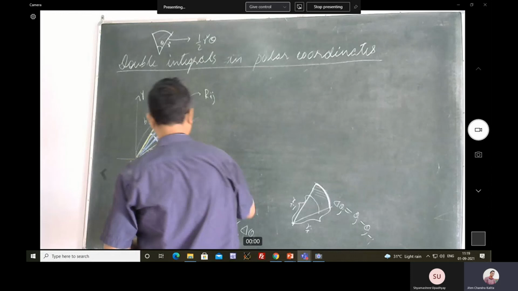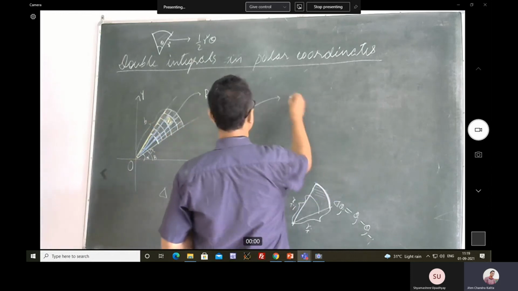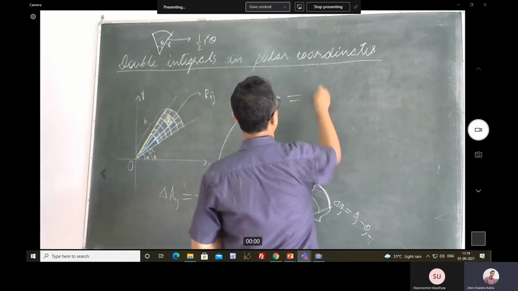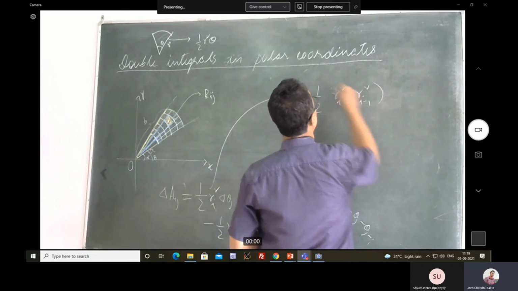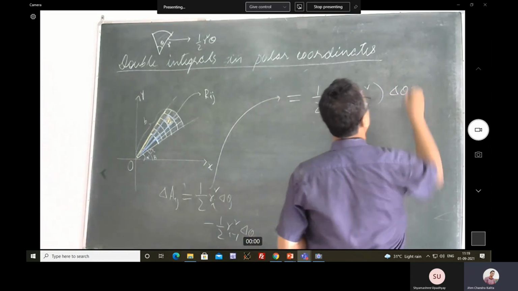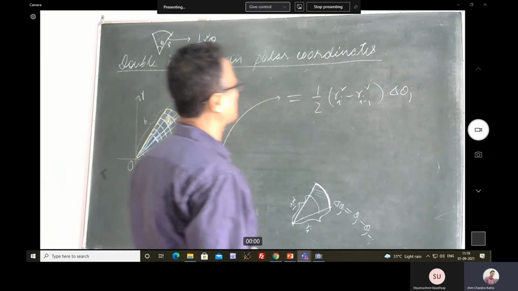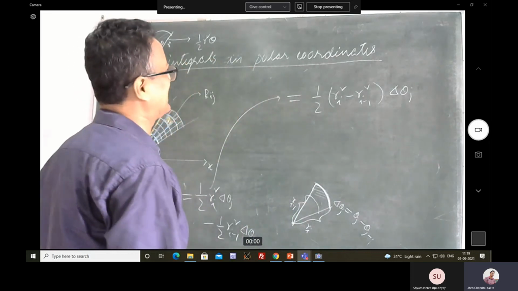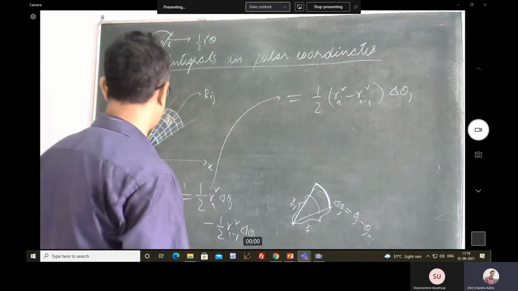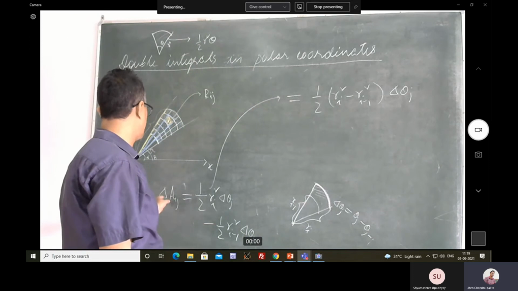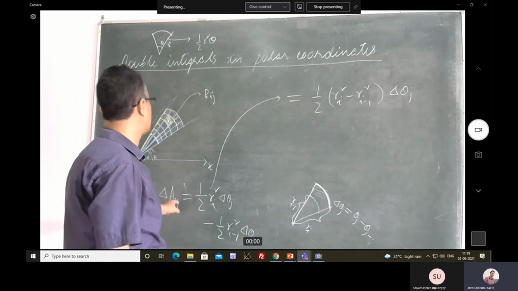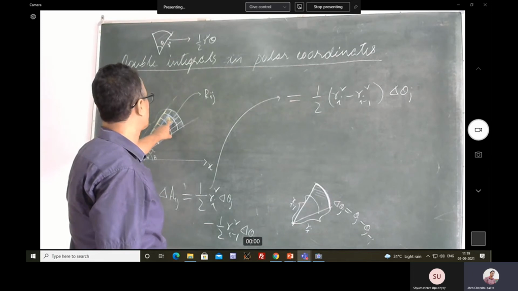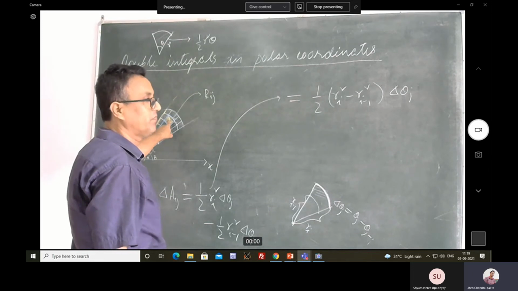this is going to give you half your ri square minus ri minus 1 square. In the book, sometimes they simply use delta theta, only delta theta, and they use simply delta Ai. But I like to use delta Aij because it corresponds to this particular point.